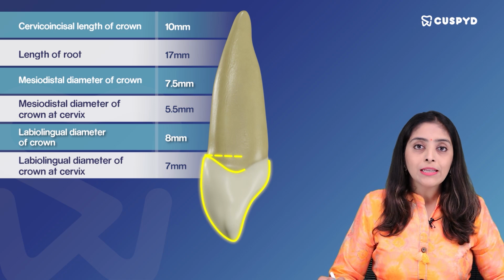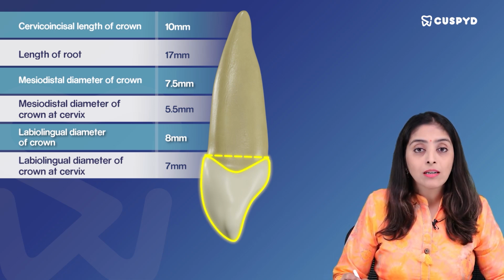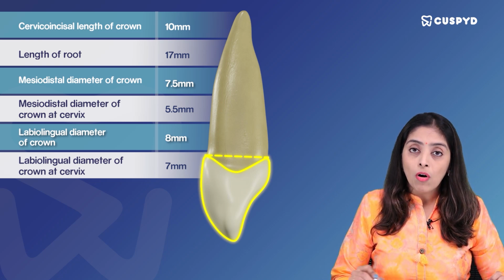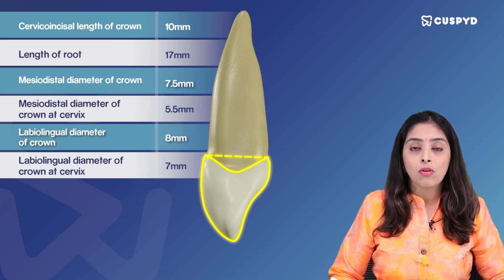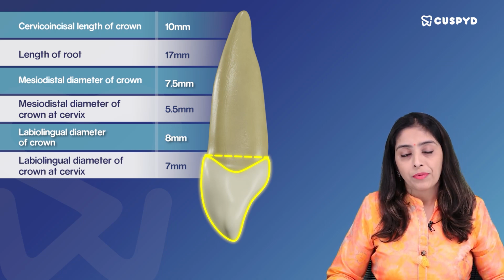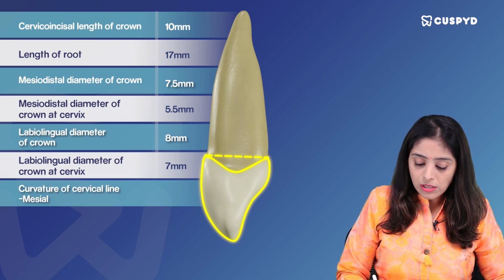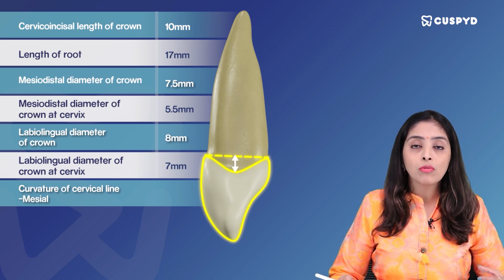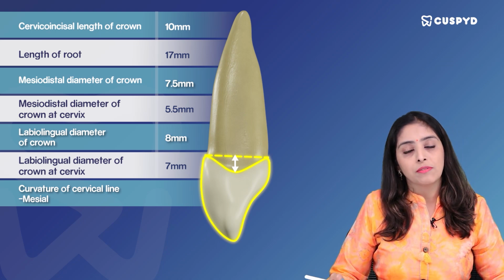Now, when you draw an imaginary line from where the crown is ending and the root is beginning, you can see that along this horizontal line, there is a curvature. The cervical line of the crown will curve towards the incisal tip, and this is called the curvature of the cervical line.